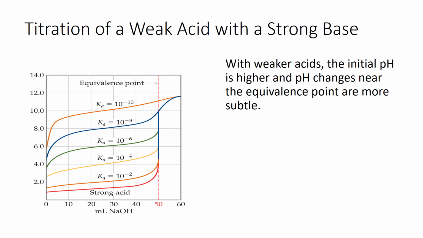When you have weak acids, the initial pH is higher and the pH changes near the equivalence point. This change is not very clear. They are more subtle. We have our Ka values that can easily indicate to us the strength of this acid.